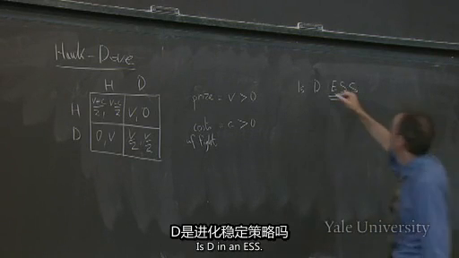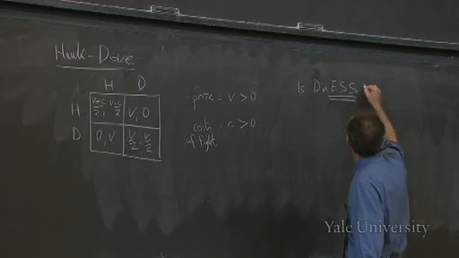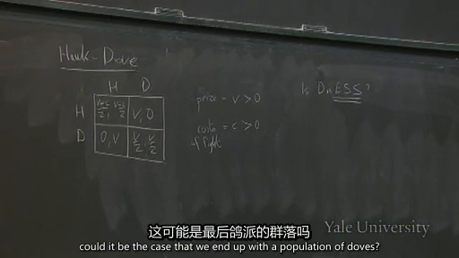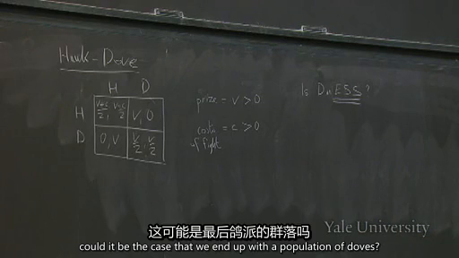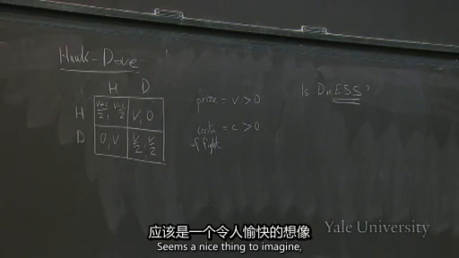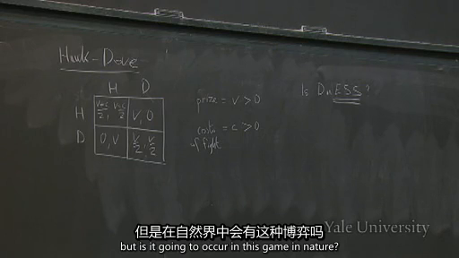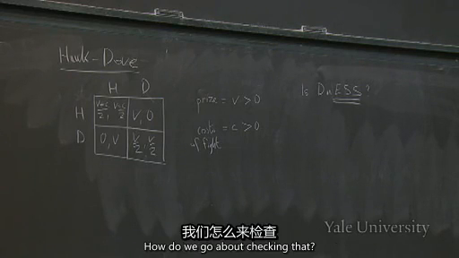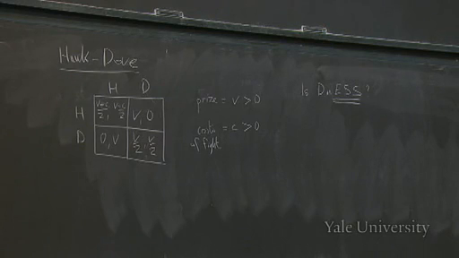Is D an ESS? All right, so in this game, could it be the case that we end up with a population of doves? Seems a nice thing to imagine, but is it going to occur in this game in nature? What do people think? How do we go about checking that? What's the first step?